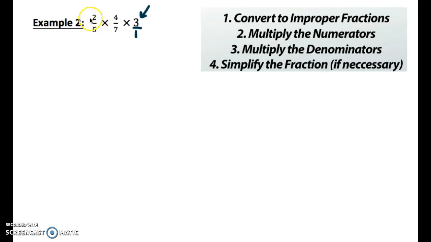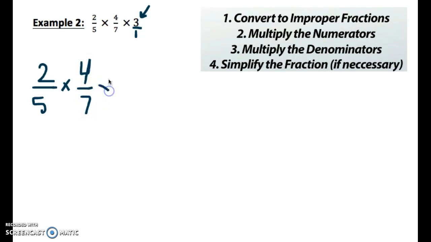So we're going to look and see, do we have any mixed numbers here? No. So all of our fractions are already improper fractions. So we're going to rewrite it. We have 2/5 times 4/7 times 3/1.